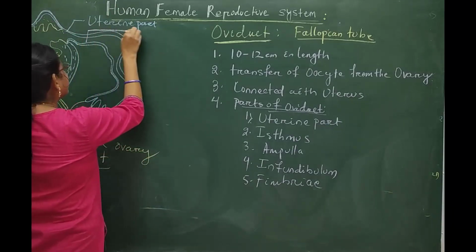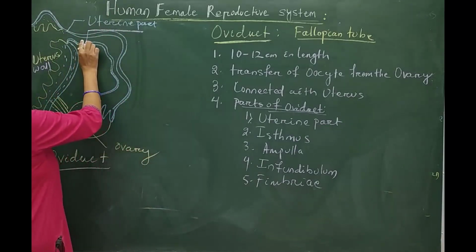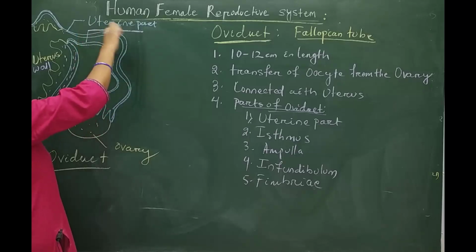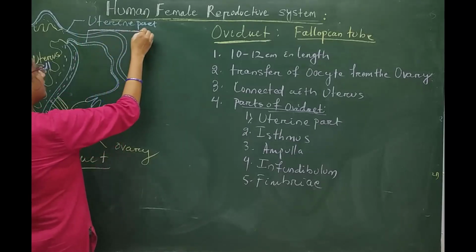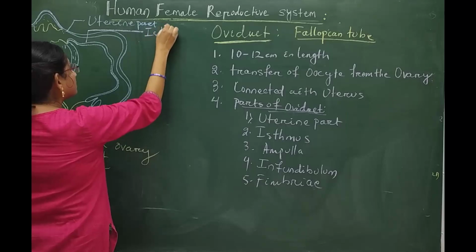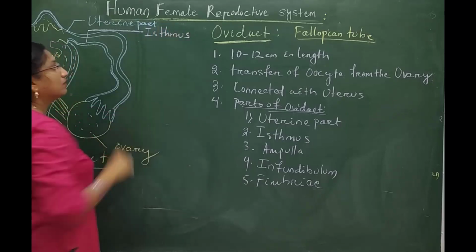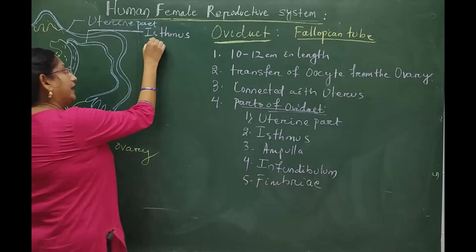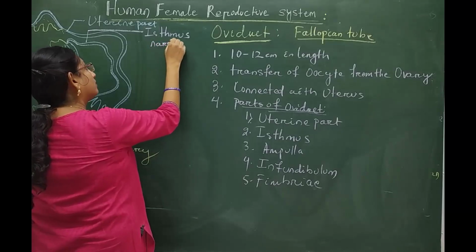Then the part attached to the uterine part and extending is called isthmus. It is the narrowest part of the oviduct.